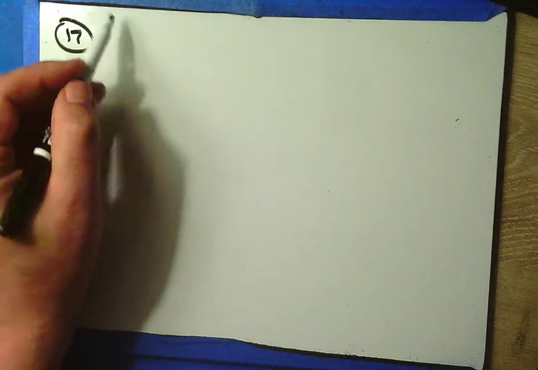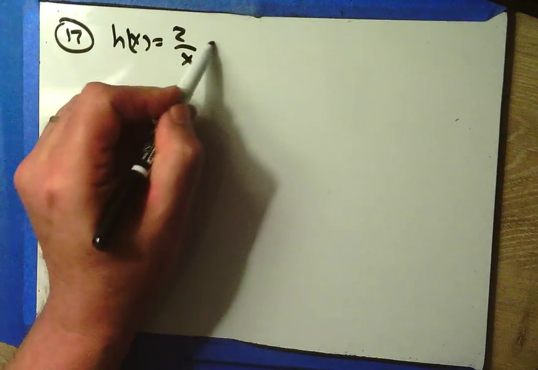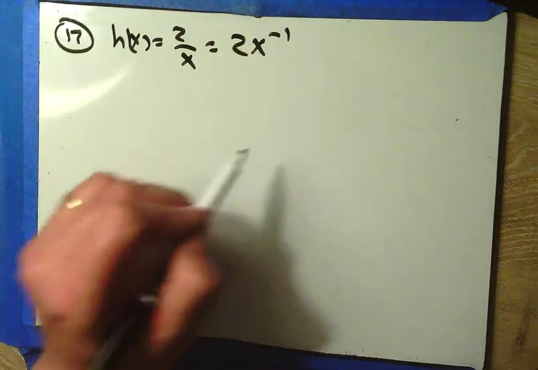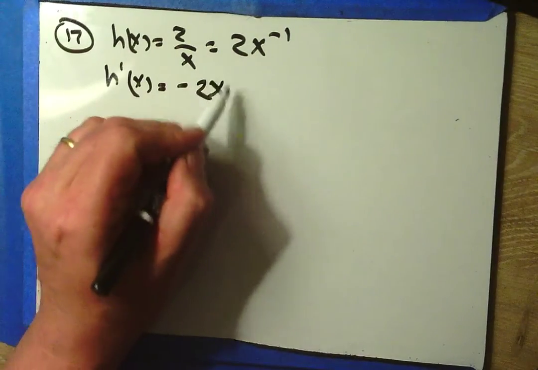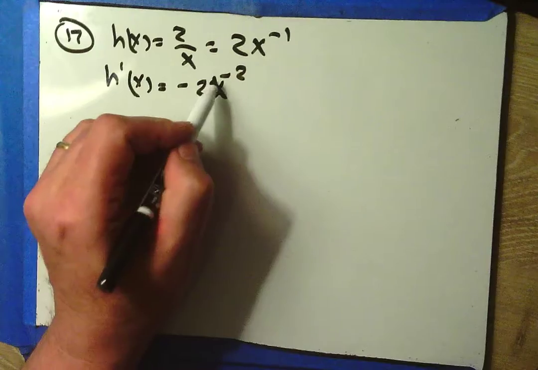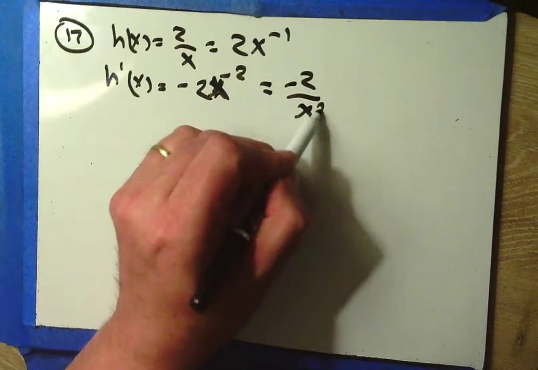17 says h of x equals 2 over x, or 2x to the minus 1. So h prime of x is going to be negative 2x to the minus 2, or negative 2 over x squared.